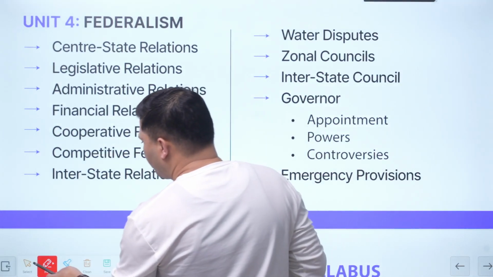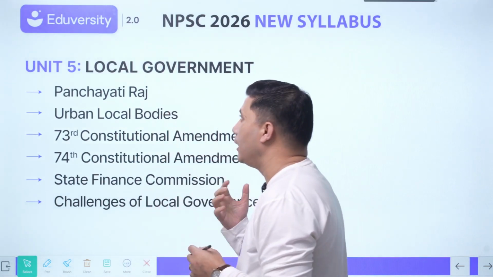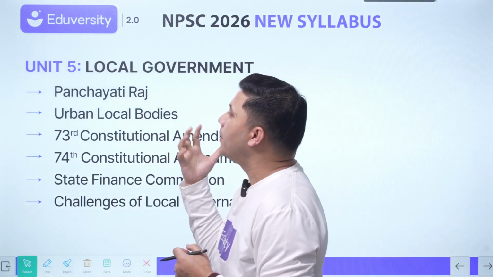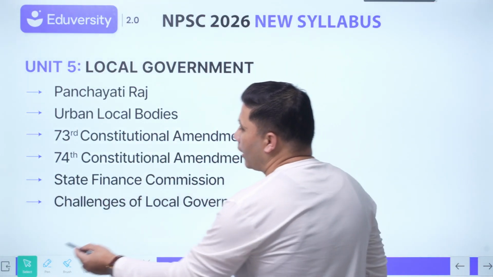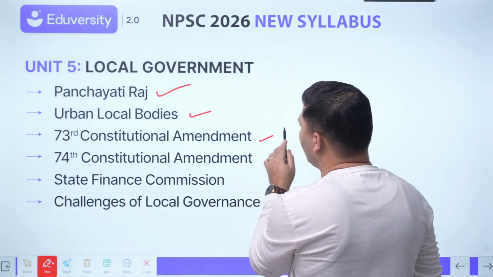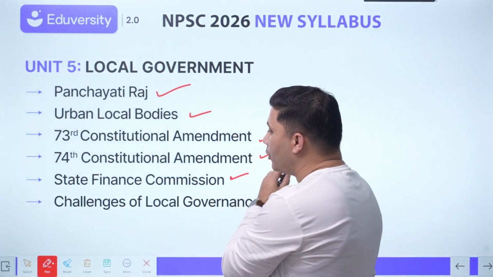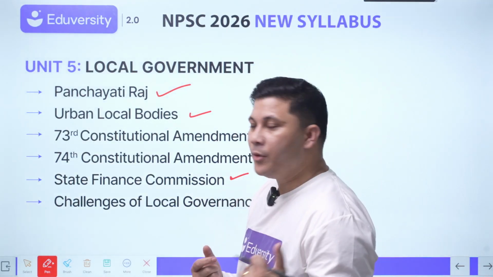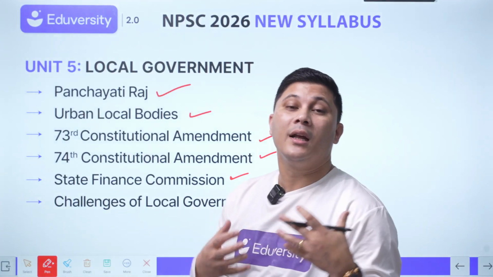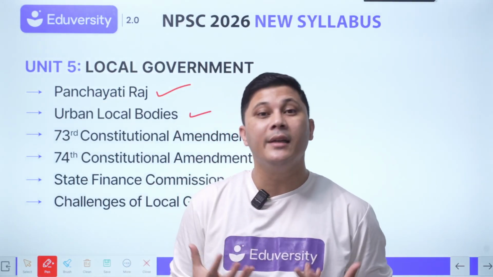Then apart from these, you have to study unit 5, which is local governance. In local government, you have to study the Panchayati Raj system, then urban local bodies, the 73rd and 74th Constitutional Amendment Acts which enforce them, and the State Finance Commission, its formation, and the challenges of local governance: what red tapism they face, what bureaucratic and administrative delays they face.